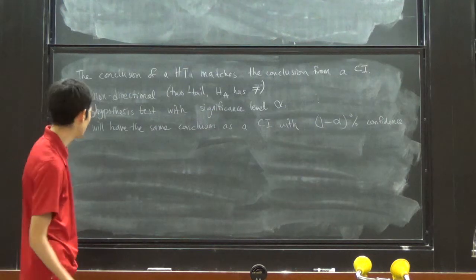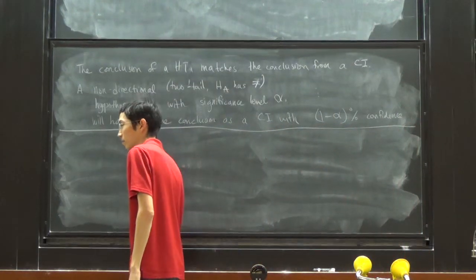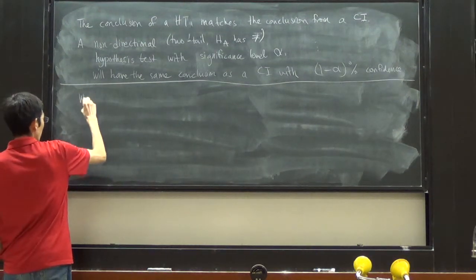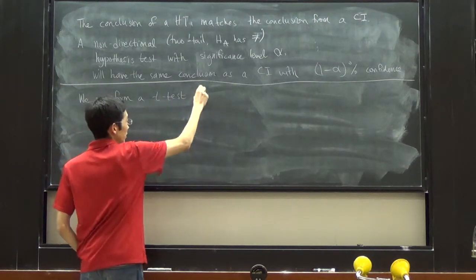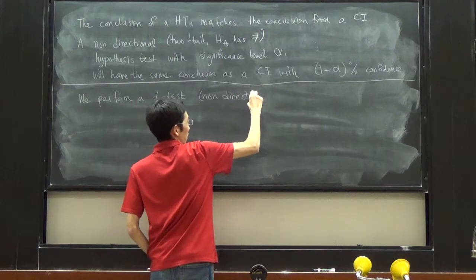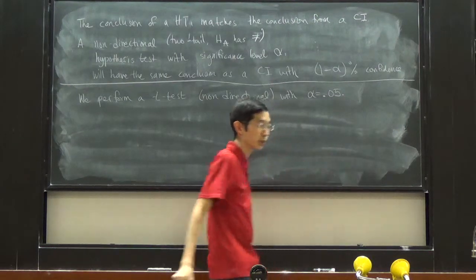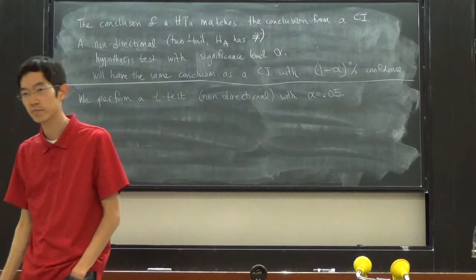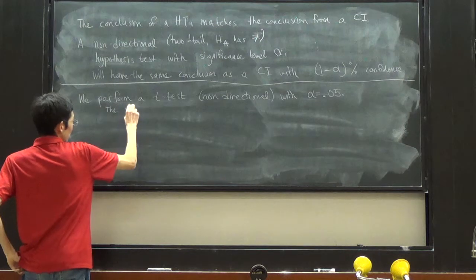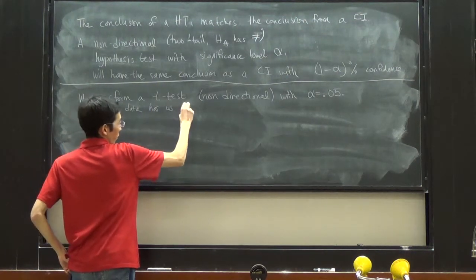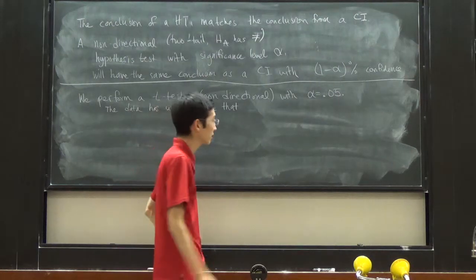Alright, let's try some thinking challenges. Let's say we perform a t-test, non-directional, with alpha equal to 0.05, and the data has us conclude that there is a significant difference.